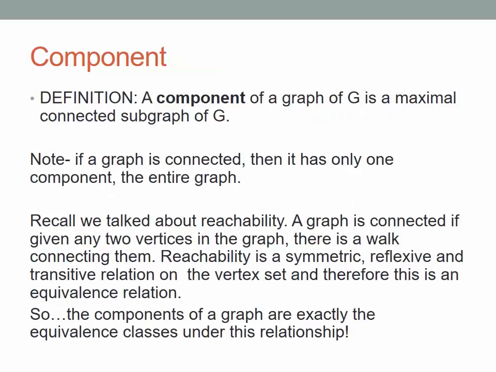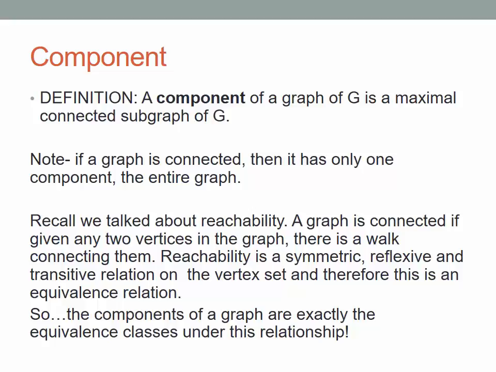Our next definition is a component of a graph. Now we've just been looking at graphs that are connected for most of our examples. And if a graph is a connected graph, it has just one component. So let's see the formal definition. A component of a graph is a maximal connected subgraph.